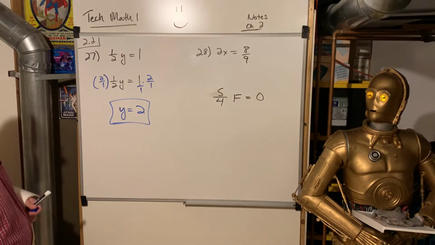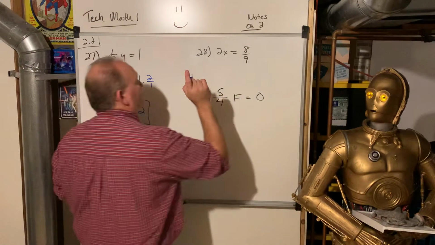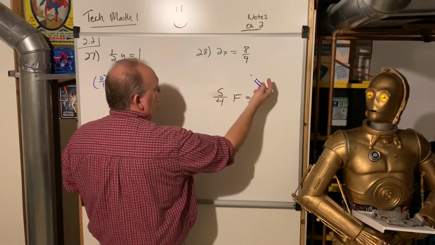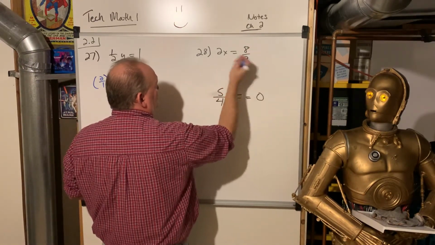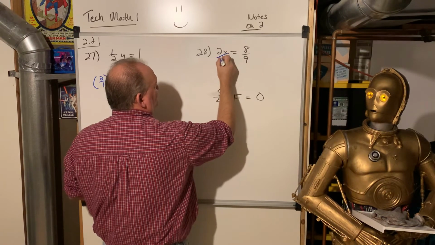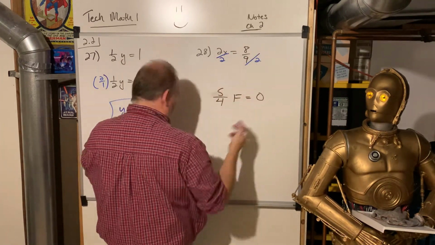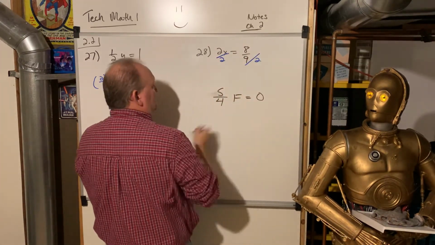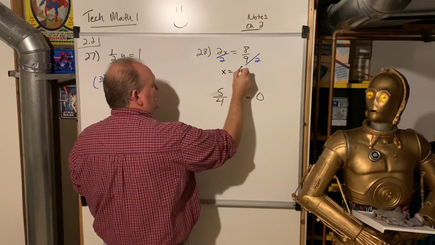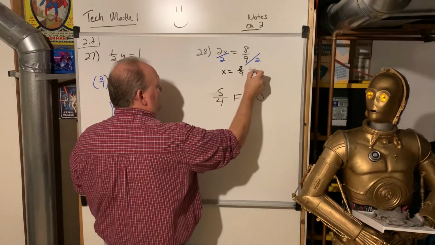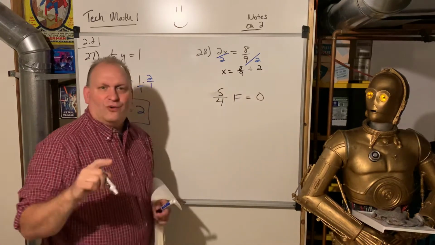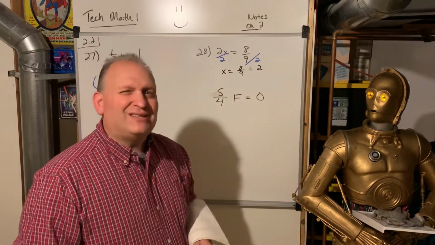All right, let's do this one. Normally I divide by 2, but there's a fraction, and let's divide by 2 both sides. Now look, we have x is equal to 8/9 divided by 2. Well, remember how that works. We never divide fractions.